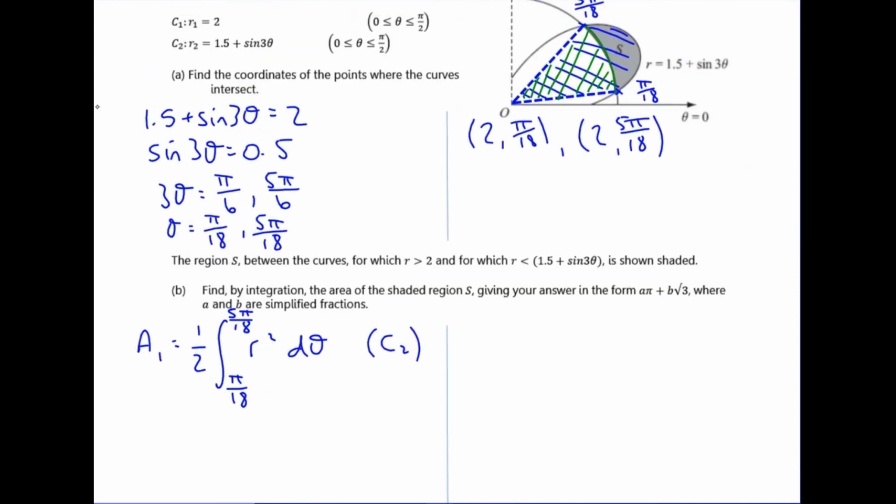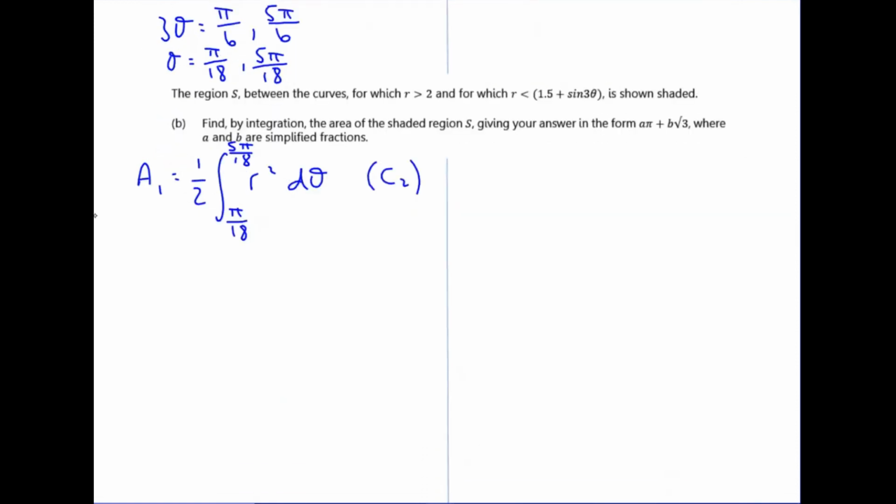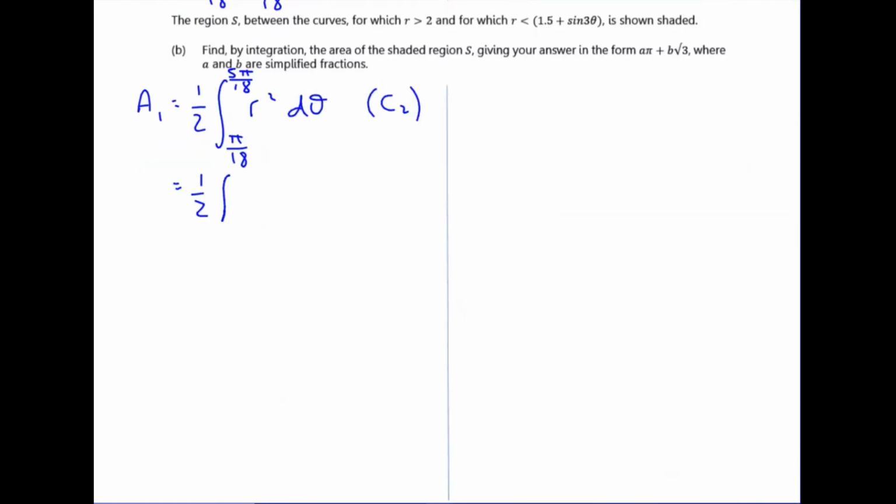So this is a half times the integral of r squared d theta, for C2 between pi over 18 and 5 pi over 18. For C2, that's 1.5 plus sine 3 theta, all squared, d theta.